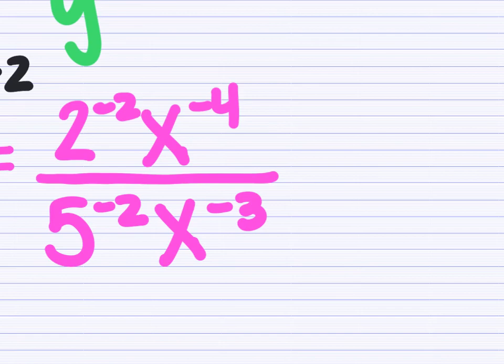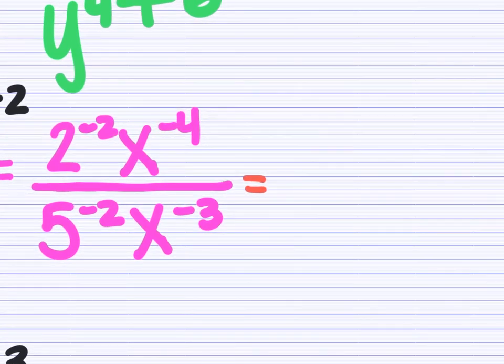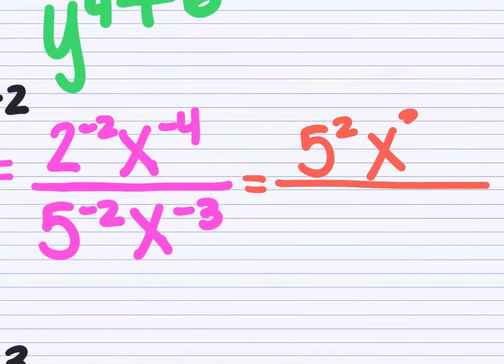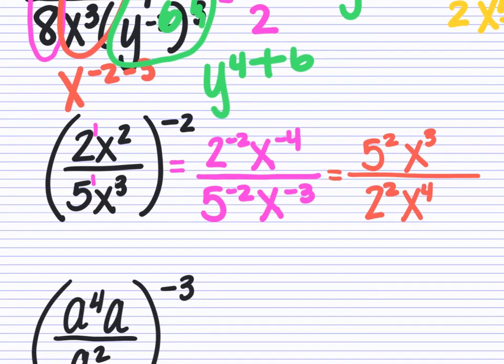From here, I'm going to swap everything from top to bottom. So I get 5 squared up top, x to the 3rd, over 2 squared, x to the 4th.